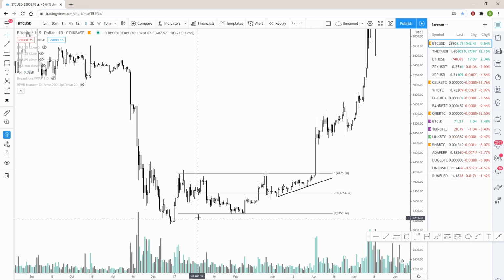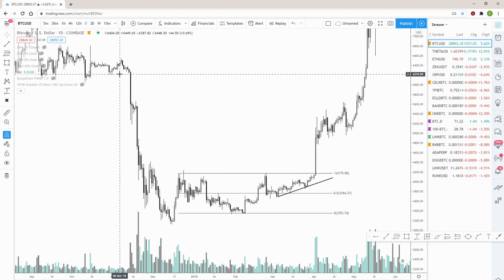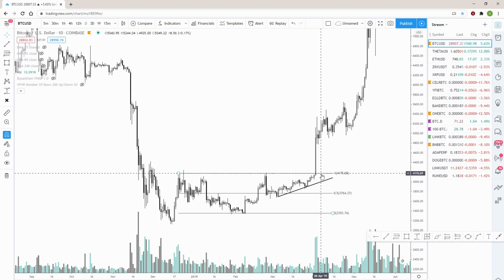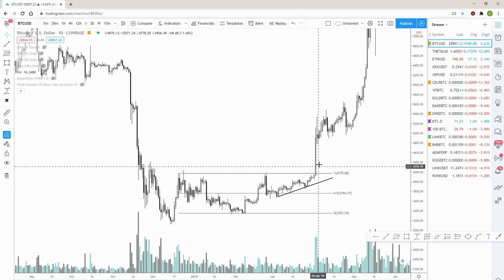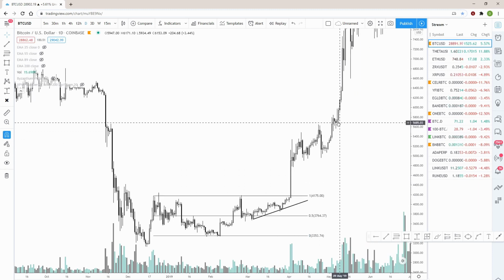As I said before, it depends on the context of the chart, but generally speaking, this is going to be accumulation after a big move down. And when you see price making higher lows, you can buy the breakout. So after you see price breaking out here, you can try to buy any retest. Of course, the retest of 4,000 never came. Price just bull flagged and kept going higher.